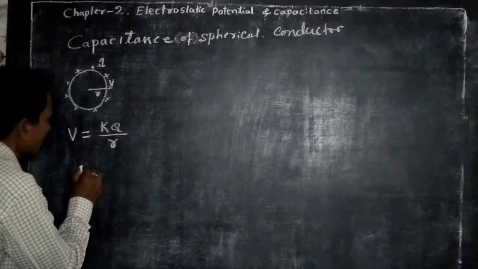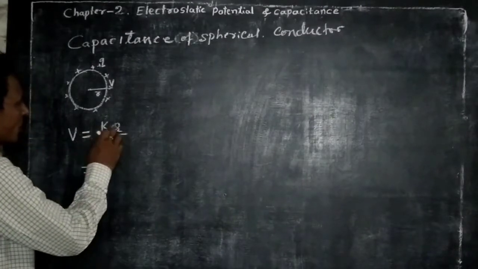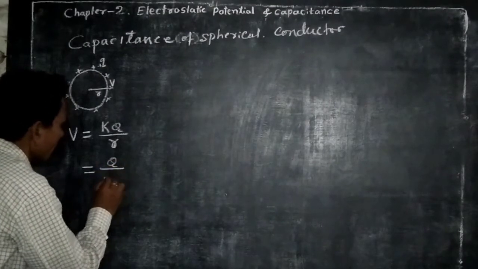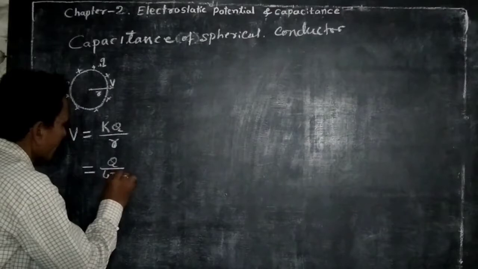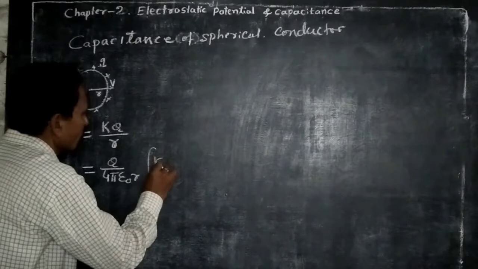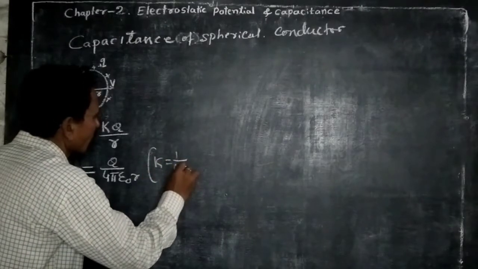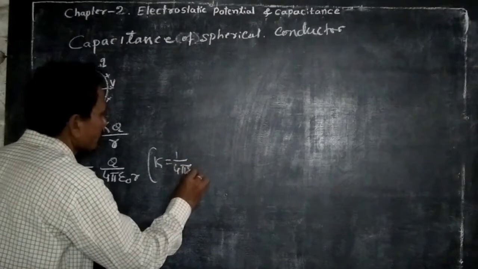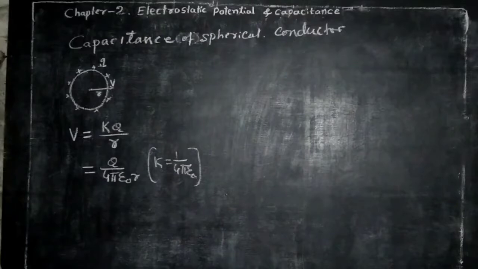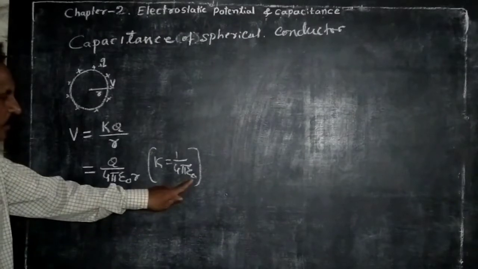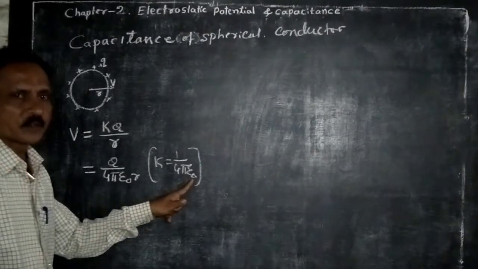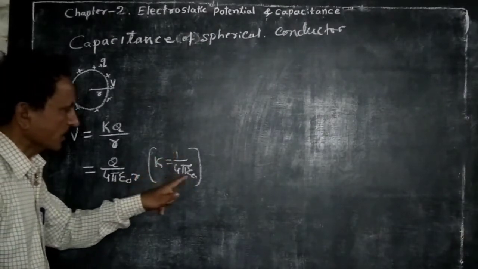Therefore, potential at any point phi equals kq upon r or q upon 4 pi epsilon naught r, because k equals 1 upon 4 pi epsilon naught, where epsilon naught is the absolute permittivity of free space or air medium, and its value is 8.854 into 10 to the power minus 12, and all these are constants.